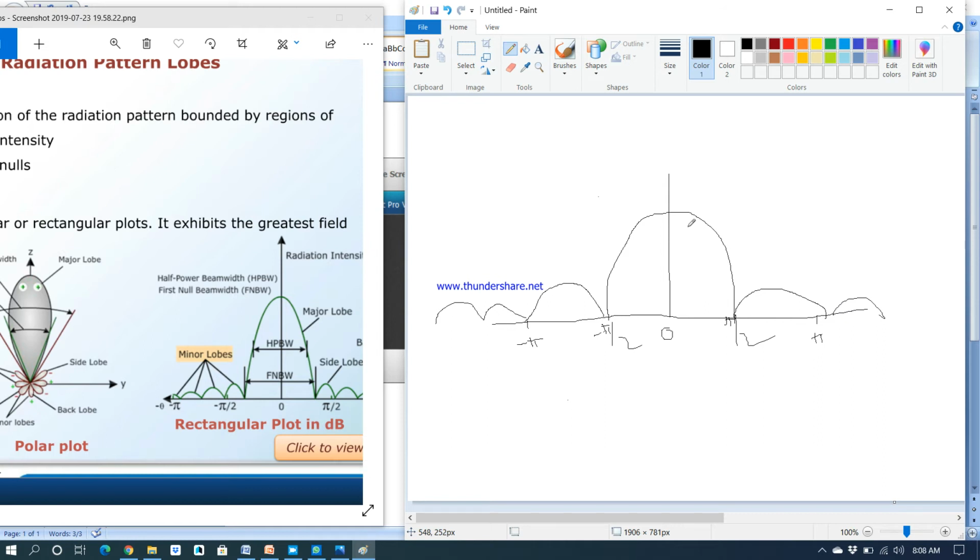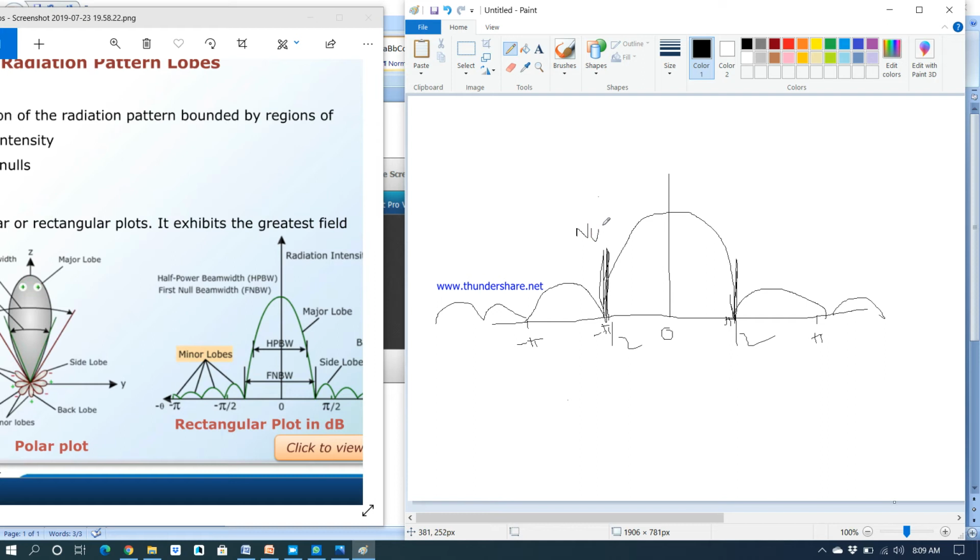Okay, then the difference between this point and this point, again, what we call this point, I spoke about it just a few minutes ago: the point between two lobes, whatever the lobe it is, maybe a minor lobe and side lobe, maybe a major lobe and side lobe, the point between two lobes is called null.